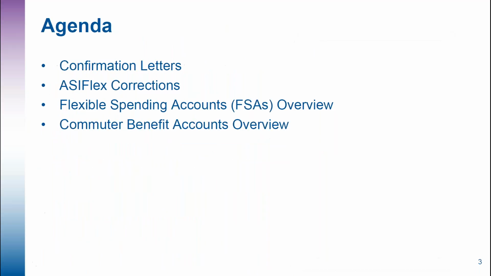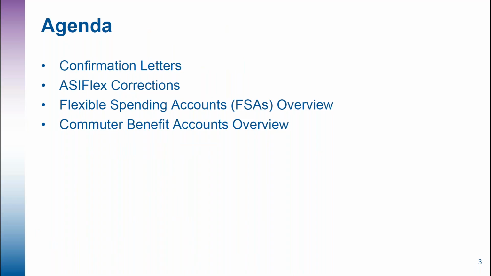We've got a lot of information to cover today. We're going to talk about the confirmation letters, the hard copy letters and the emails that PEBB does every year. We've been doing them for about the last 7 or 8 years, just to make sure members are enrolled in the correct account.